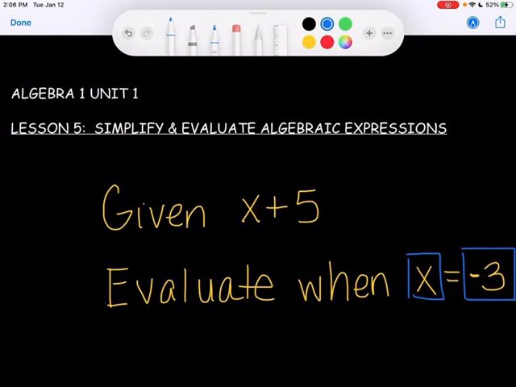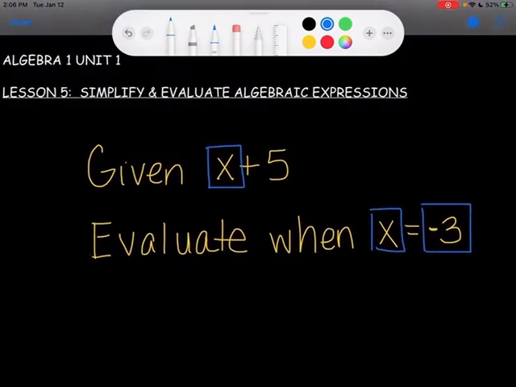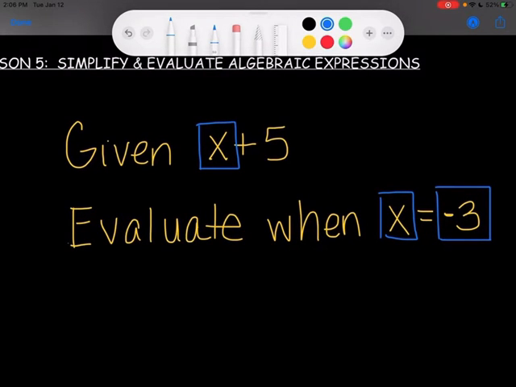So I'm going to come back to the expression x plus 5 and put a blue box around the x because it's equivalent to -3. So wherever we see a blue box, we can replace it with a -3. So I'm going to replace that x with a -3, and I get -3 plus 5, which equals +2. And you're done with this problem.